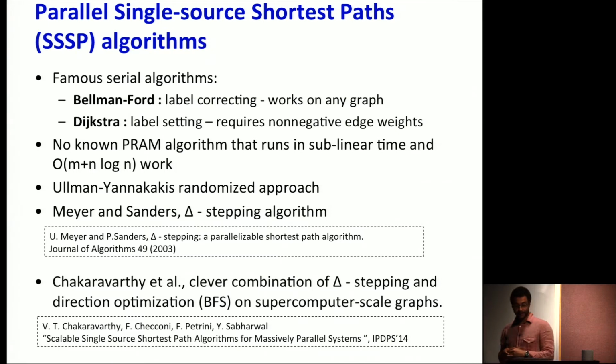But in practice, there is a really good algorithm. We're going to talk a lot about it. It's due to Meyer and Sanders. It's called delta stepping, which can be considered a middle ground between Bellman-Ford and Dijkstra, specifically tailored with parallelism in mind. And finally, I'm not going to talk about this in detail.